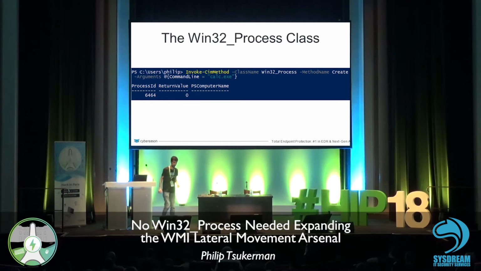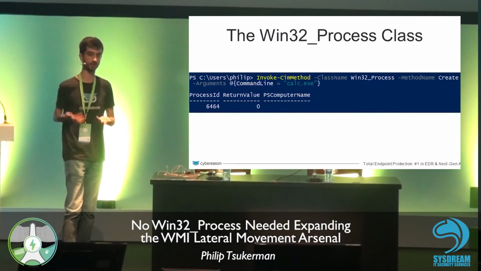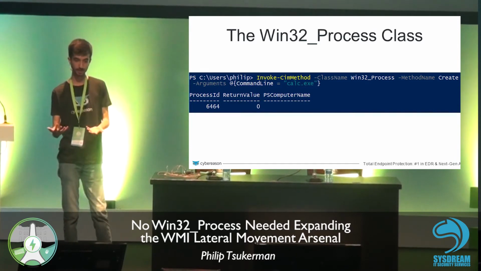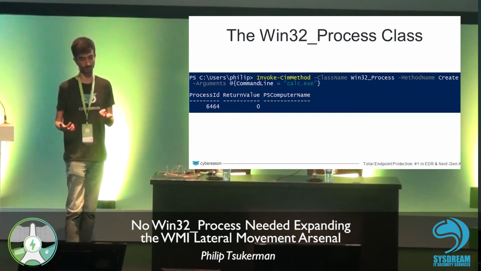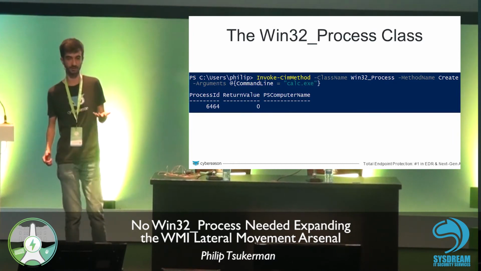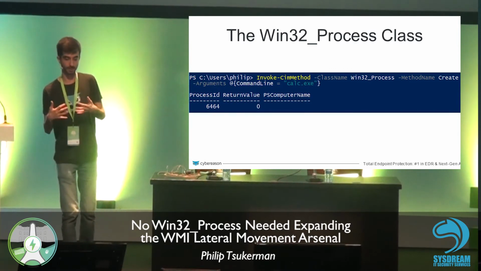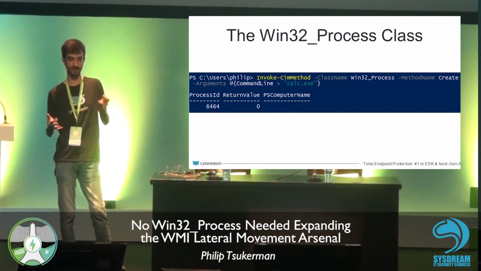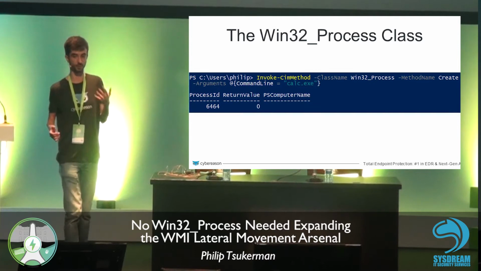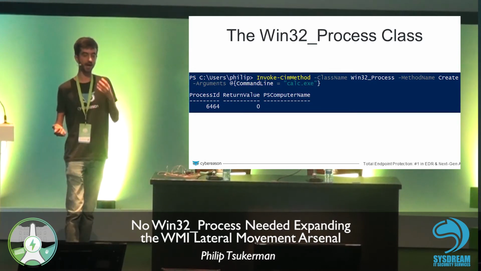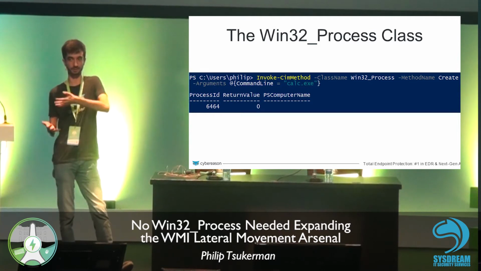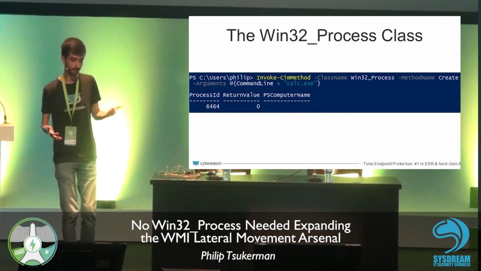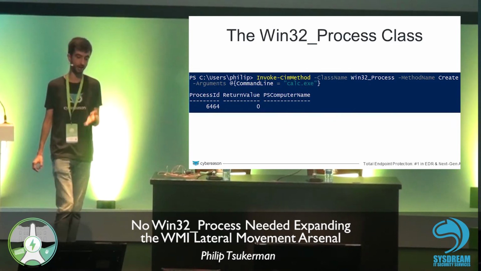So when you invoke the PowerShell command that's behind me, what happens behind the scenes is that I communicate as a client with a local or remote instance of the WMI service, and I send out a request to use the create method of Win32 process with the supplied arguments. The WMI service checks which provider is responsible for implementing this method of this class, routes the request to the provider. The provider then actually executes whatever is needed to execute, returns to the service, and the service returns our return value to the user.